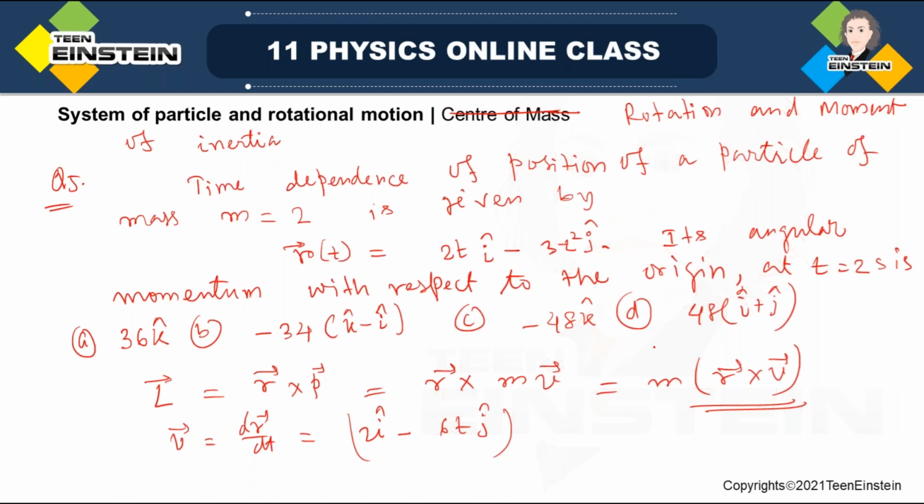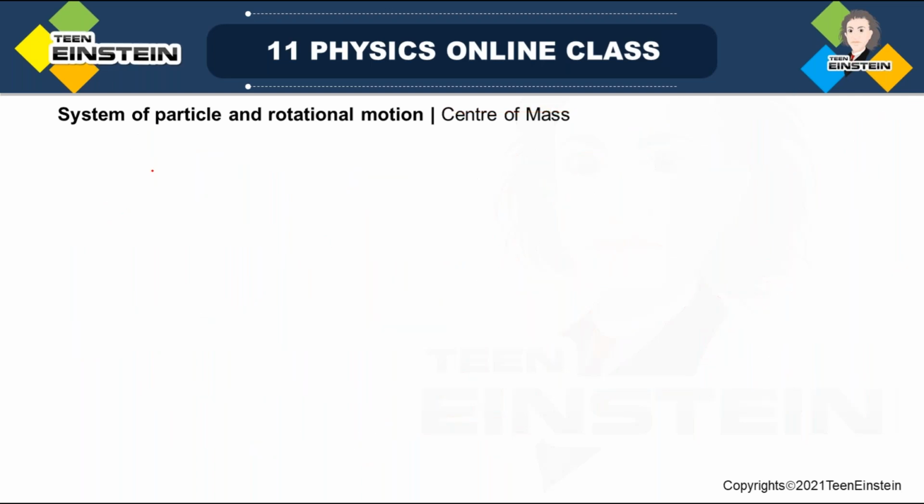Okay, let us go to the next page. So L, angular momentum, will be m r cross v.